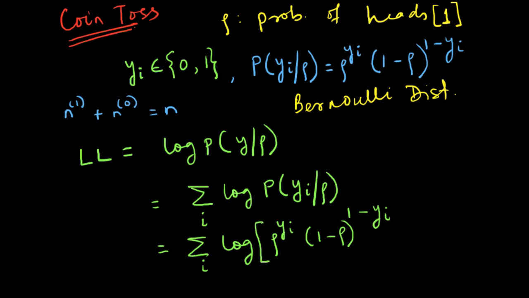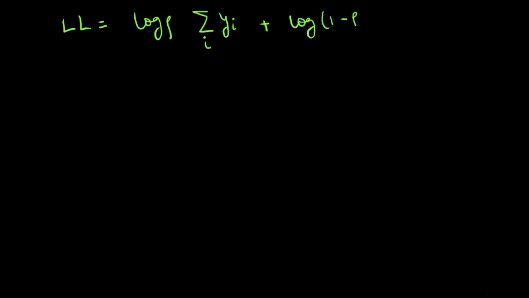Now as we know, the log of a product is equal to the sum of the individual logarithms. If we do that simplification, our log likelihood is equal to log of rho times sum over i yi plus log of 1 minus rho times sum over i of 1 minus yi.